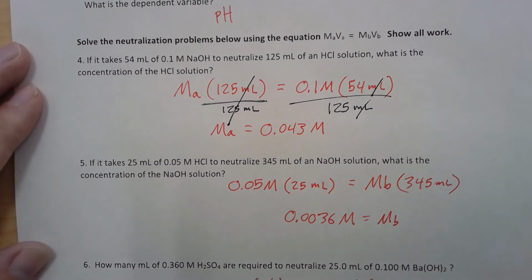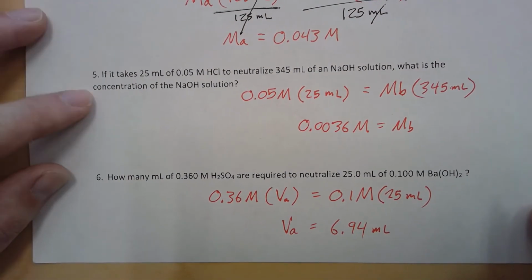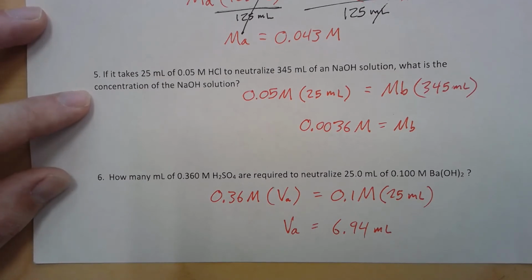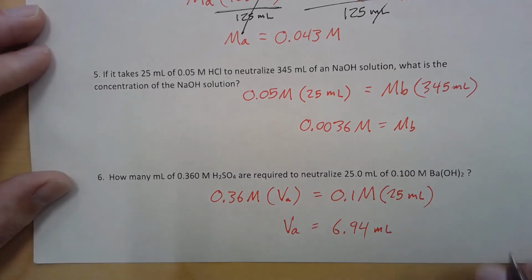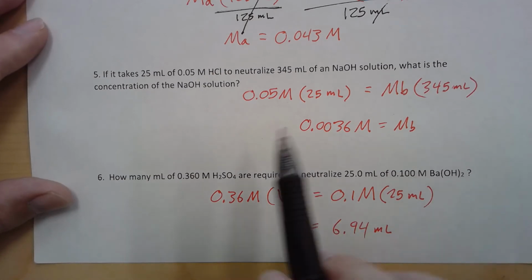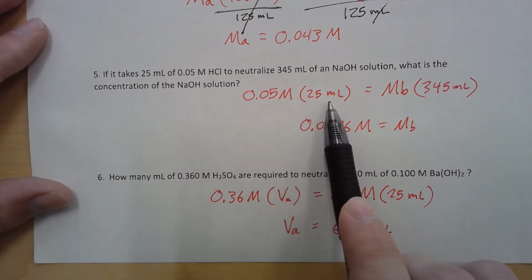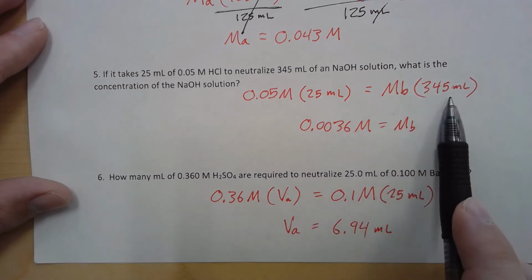Okay. The same process takes place here in number 5. If it takes 25 milliliters of a 0.05 molar HCl to neutralize 345 milliliters of an NaOH solution, what is the concentration of the NaOH solution? Again, the same thing occurs here. If you set it up, MAVA equals MBVB.